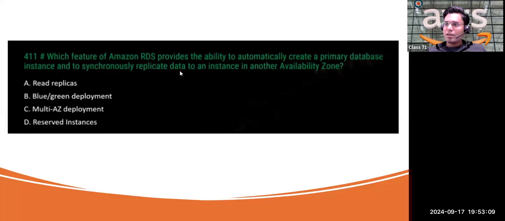This replicates data to another AZ. A reserved instance has nothing to do with this. Blue/green is a different one. So multi-AZ. If you click multi-AZ deployment, it means when you deploy RDS, automatically they have multiple zones available, three zones if it's in one region, so automatically your data will sync to a different availability zone.